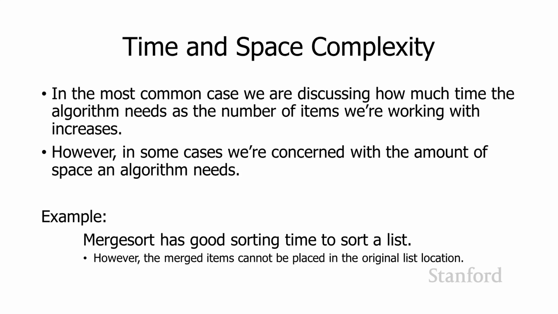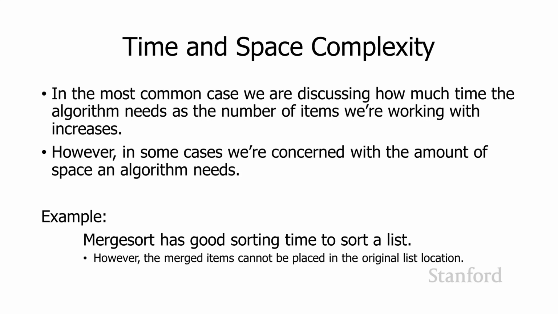But I might actually be saying as the number of items increases, some algorithms require some extra space in addition to the space actually used to store those items. And so how does that space complexity increase? And in fact, we will find that there's often a time-space trade-off where I can process something quickly, but it requires a lot of space, or I can process something in a small amount of space, but it's going to take a lot more time.